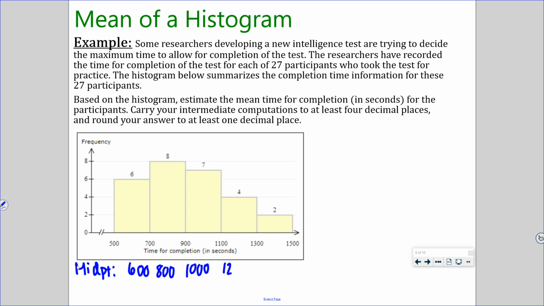Good. 1,200. 1,400. So you're going to have to calculate the midpoints first, and then to find the mean, we figure out our midpoint and then how many occurred within those classes. So we have 6 for 600.